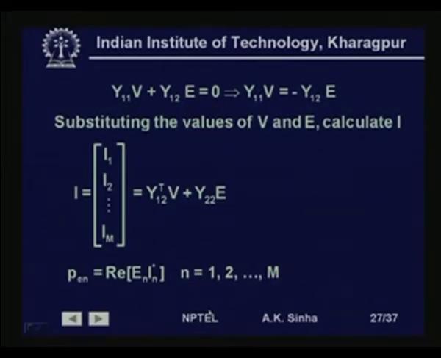So, we need an iterative process in which at every small time step we find out the value of delta and omega, and then we find out the value of V and E, and then I, and then the electrical power output at the next time step. We again integrate the swing equation and get the values at the next time step, and so on.